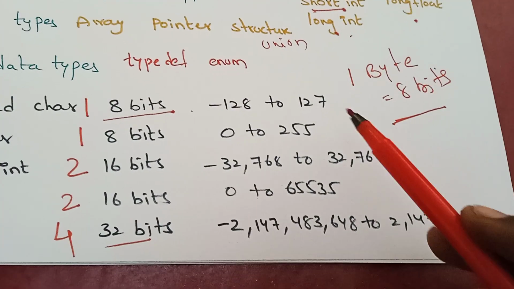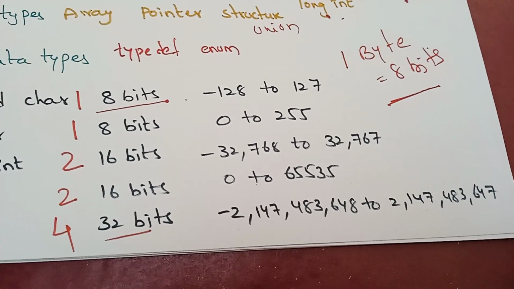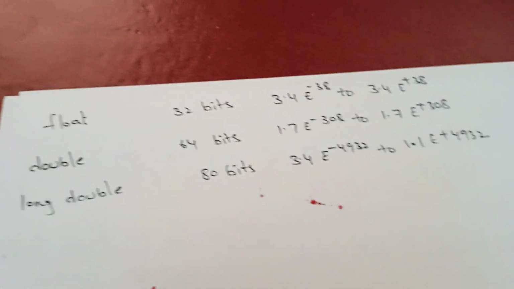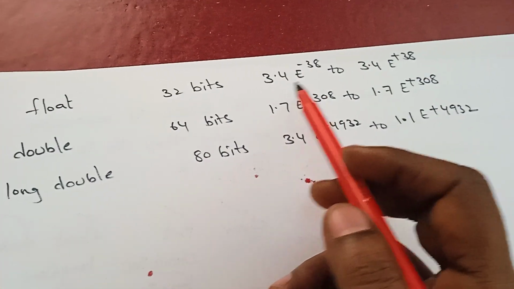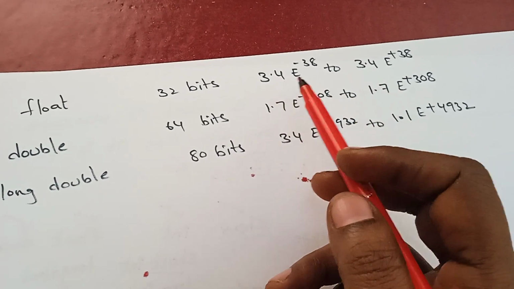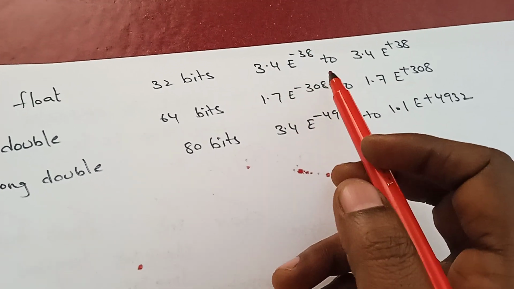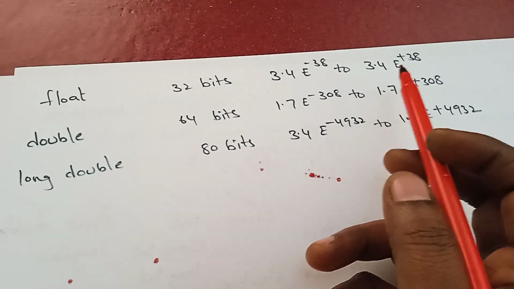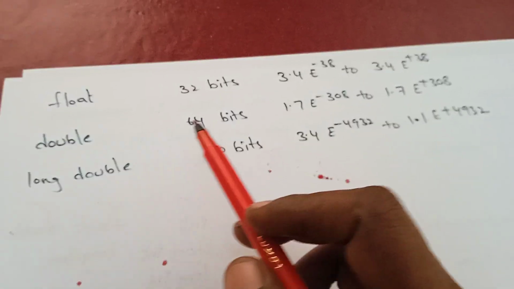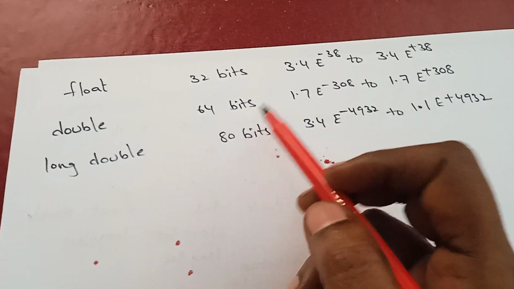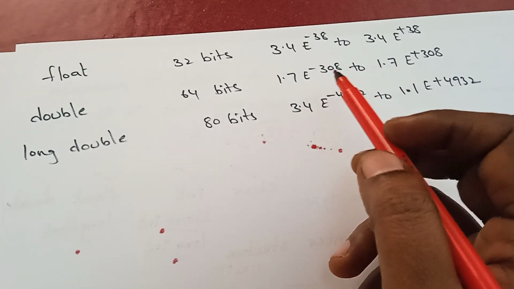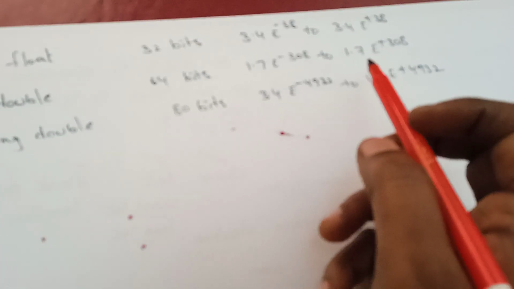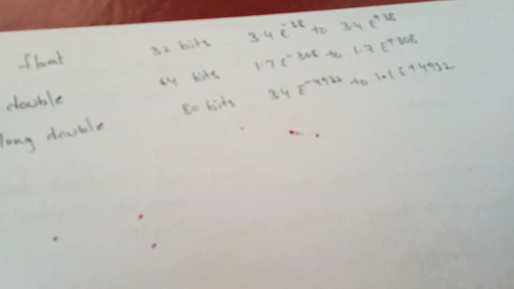And look at the range of each data type. Float is 32 bits, and the range of float is 3.4e-38 to 3.4e+38. Double is 64 bits, and this is the range: 1.7e-308 to 1.7e+308.